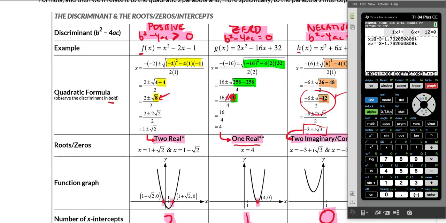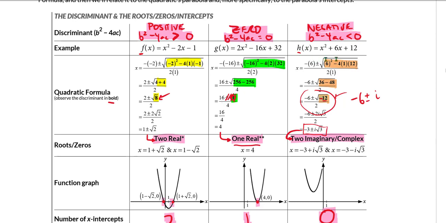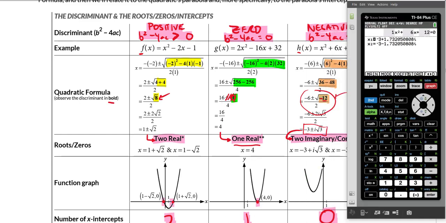It's actually this quadratic function h here, and you will recall that this was one of those parabolas that had a negative discriminant and therefore had imaginary or complex roots and therefore did not hit the axis at all. Our imaginary or complex roots are right here, -3 plus i root 3, -3 minus i root 3 in the PLYSMLT app.